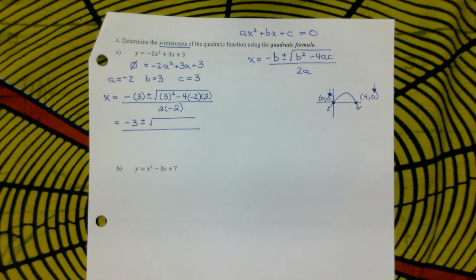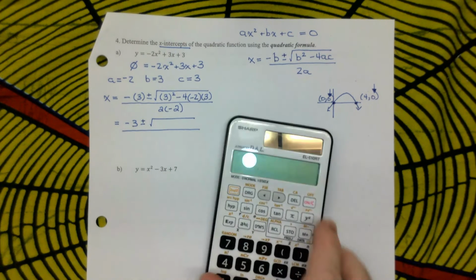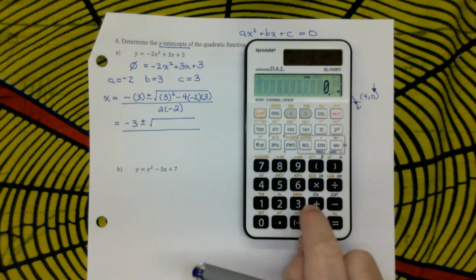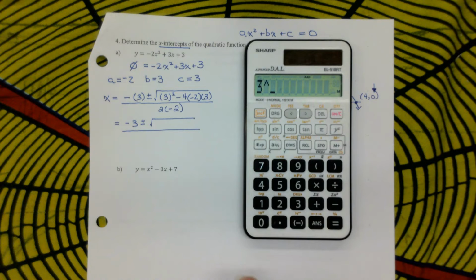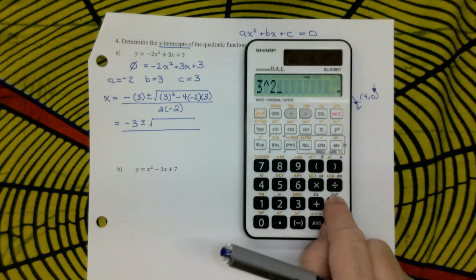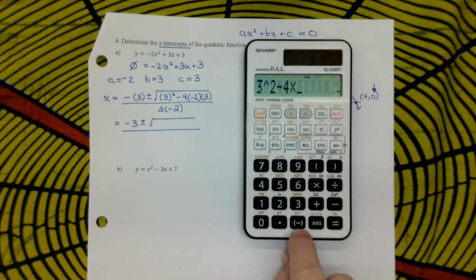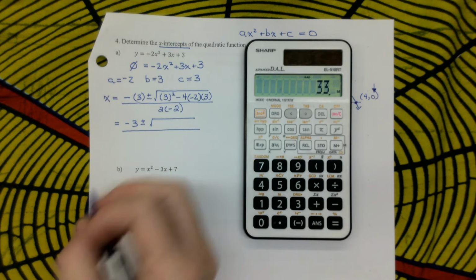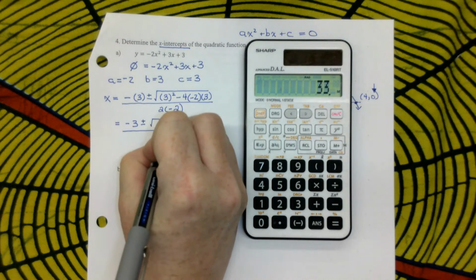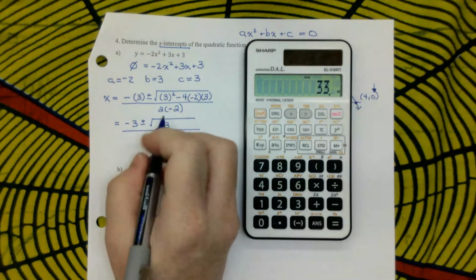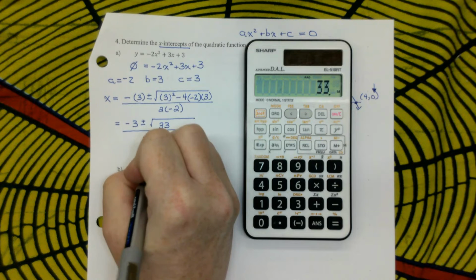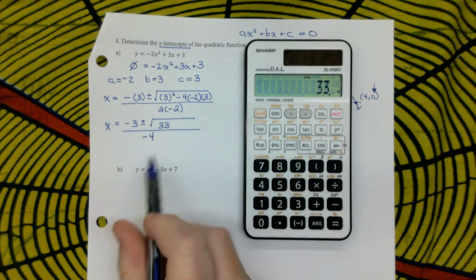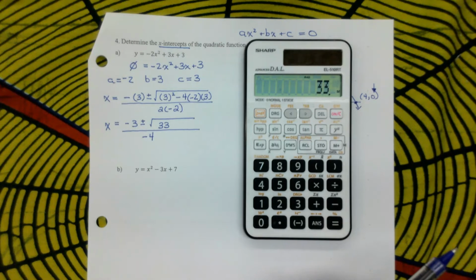So if I grab my trusty calculator and do that math, I do 3 squared minus 4 times negative 2 times 3, and that equals 33. And then I can do 2 times negative 2, which is negative 4. So now that I've got it in this form, I can split it out into 2 parts.